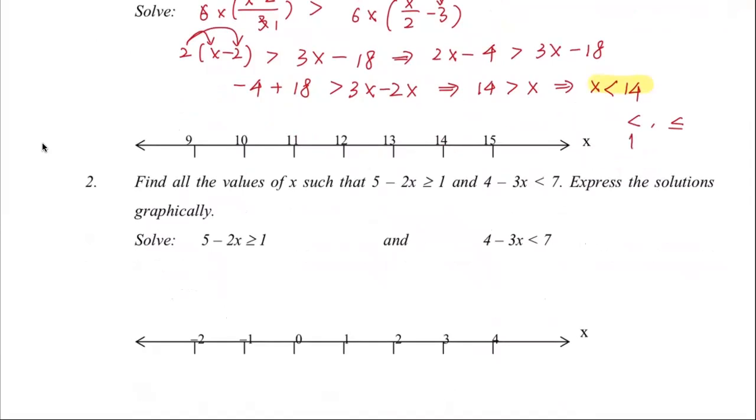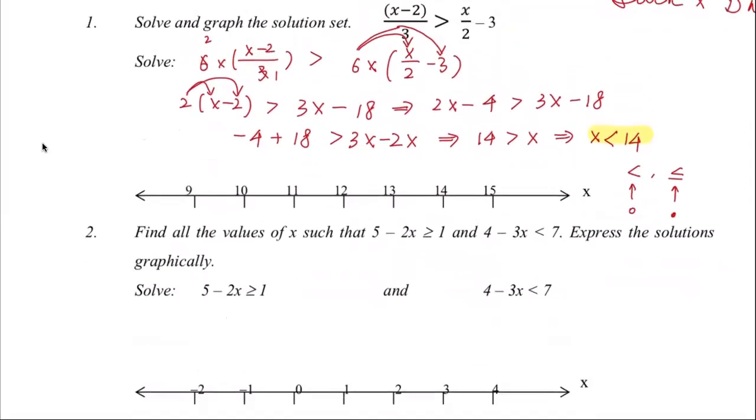For this strictly smaller than, we use a small circle on the point. Whereas if it's smaller than or equal to sign, we use a solid point. Okay, so here, x is strictly smaller than 14, and that means we should use a small circle. Here, small circle, okay? And then we draw this.